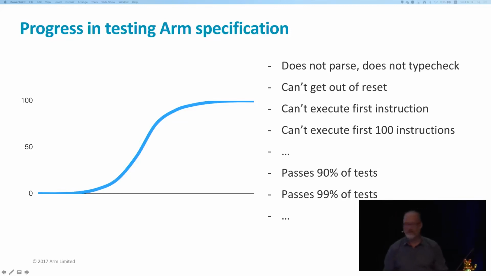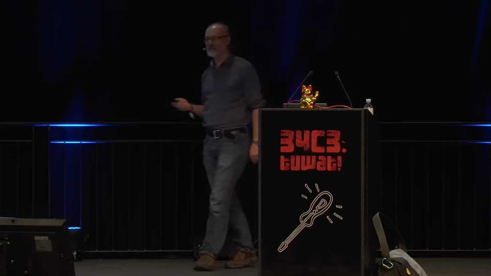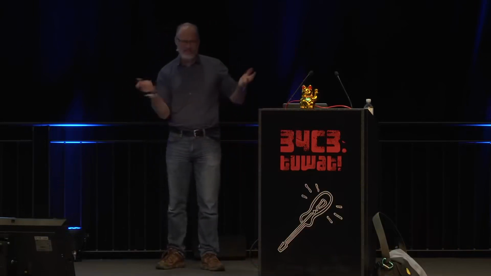And you'd probably find it would work as badly as ARM's did. So it's not just that it didn't pass all the tests, it didn't pass any tests. In fact, it took me weeks to get the specification to come out of reset, right? Just to get to starting to execute the first instruction took weeks. And I think you'd find this if you were to try any other specification.